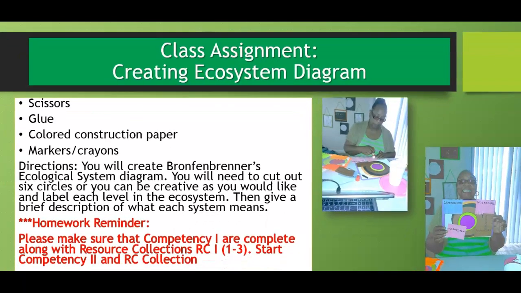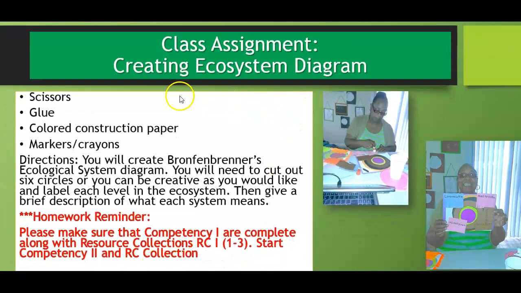All right. So these are the directions for creating an ecosystem diagram. You will need scissors, glue, colored construction paper, markers, or crayons. You will create Bronfenbrenner's ecological system diagram. You will need to cut out 6 circles, or you can be as creative as you would like, and label each level in the ecosystem.